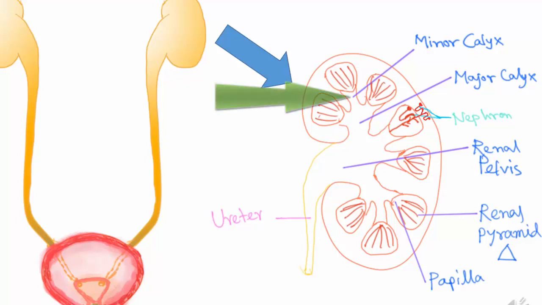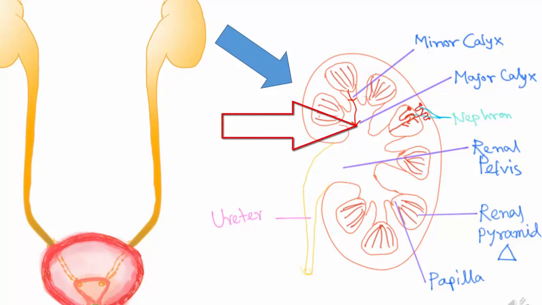These are the renal calyx, this is the minor calyx, and urine from the collecting duct comes to the minor calyx, and from the minor calyx it comes to the major calyx. Now the kidney has about 2 to 3 major calyxes and about 8 minor calyxes.